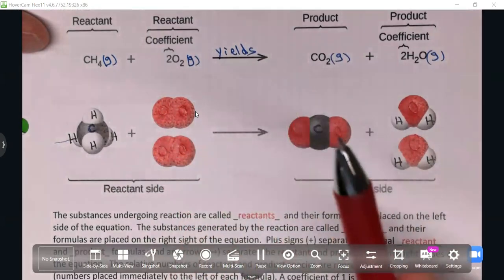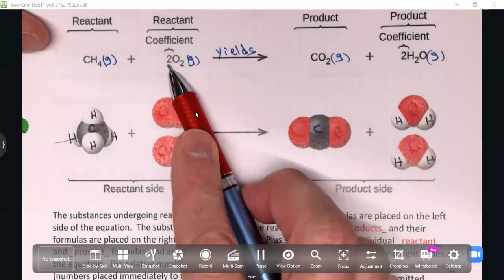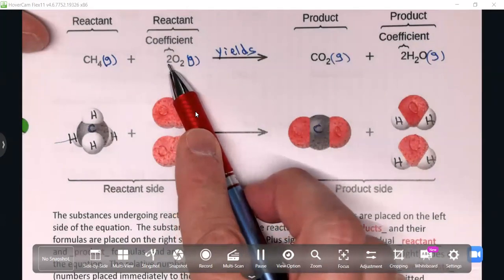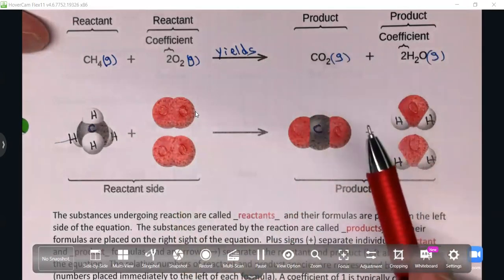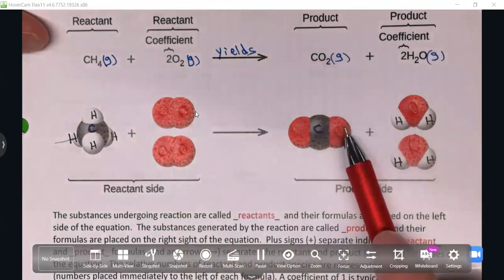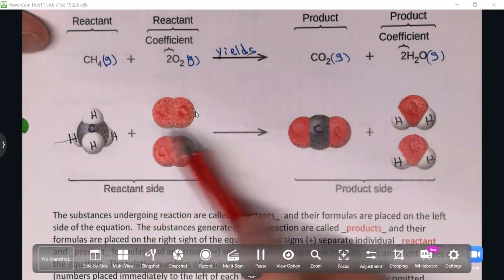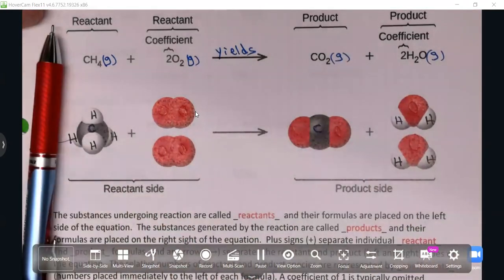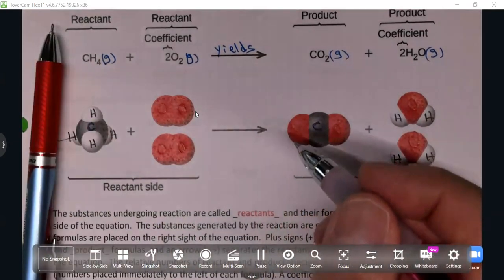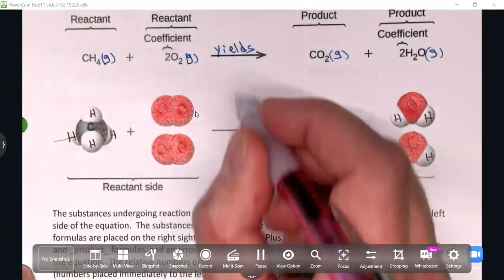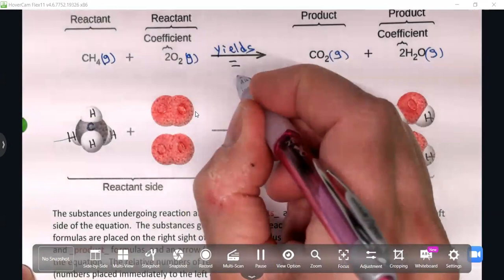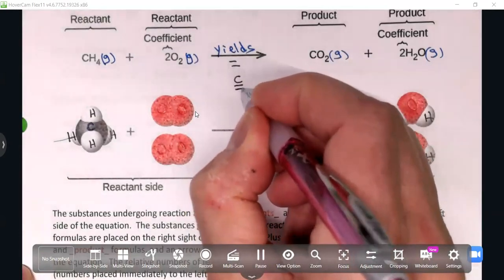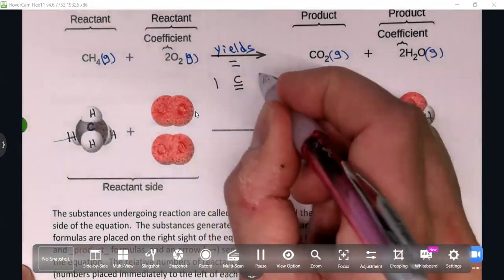Now, in OWL, you're putting these 2's in here and everything to balance it. These are coefficients so that we have the same number of each atom on both sides. And when you're all done, you should be able to put an equal sign in here. If we did carbon, we had 1 carbon, 1 carbon.